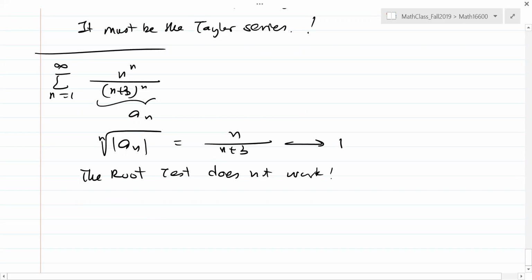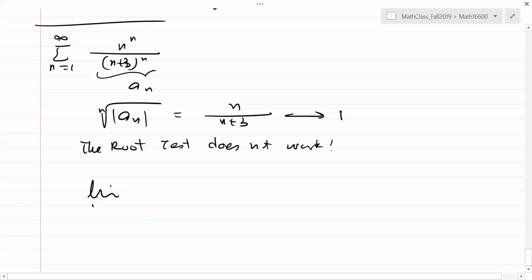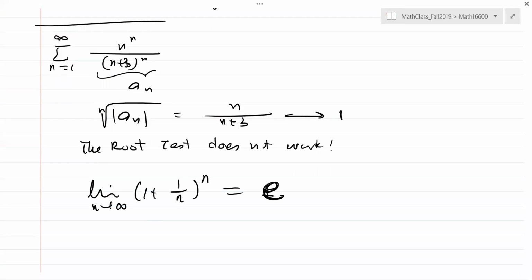So the ratio test does not work. I'm going to use the following fact. The limit, this is a well-known formula, right? We're supposed to know that. That's e.